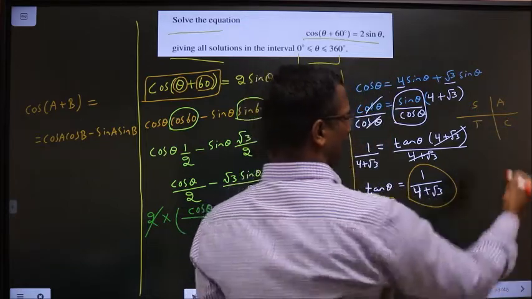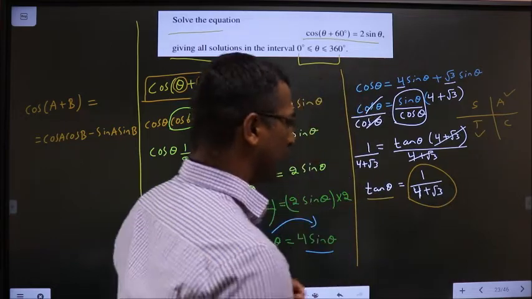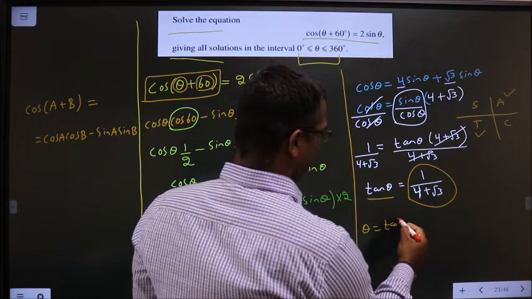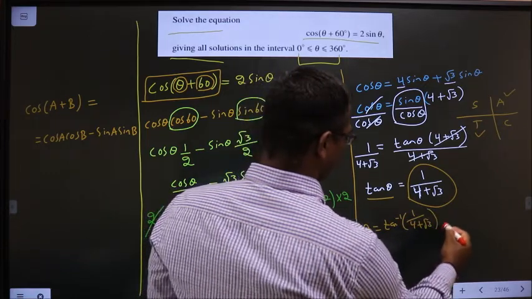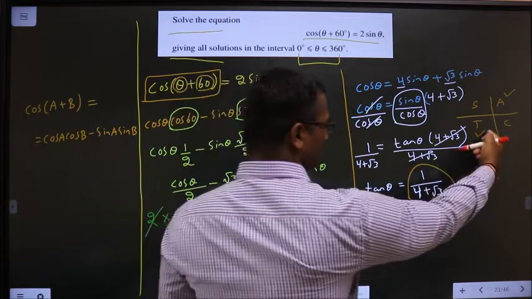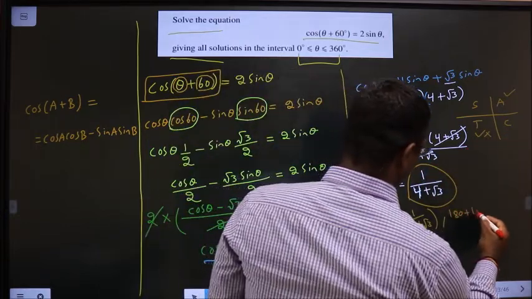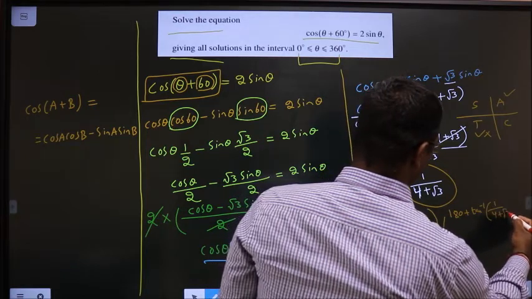So tan is positive in the first and third. To get an angle in the first, it is directly tan inverse of 1 by 4 plus root 3, and to get an angle in the third, it is 180 plus tan inverse of 1 by 4 plus root 3.